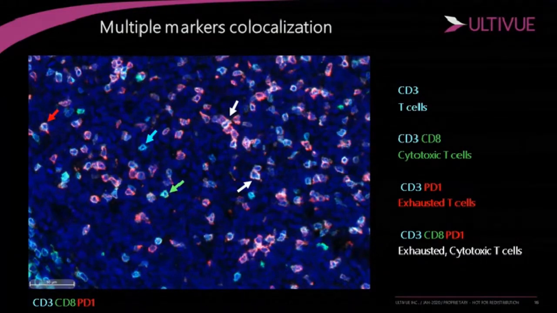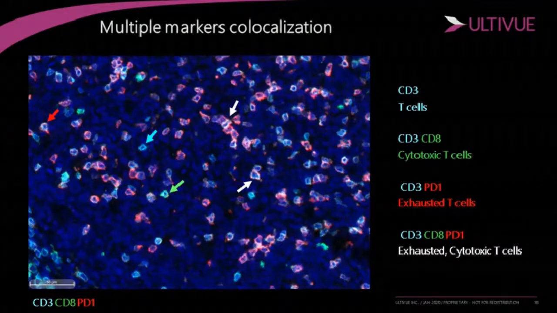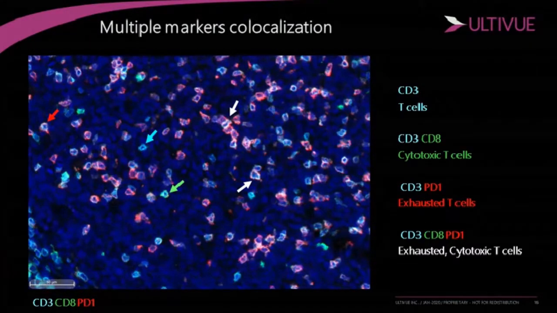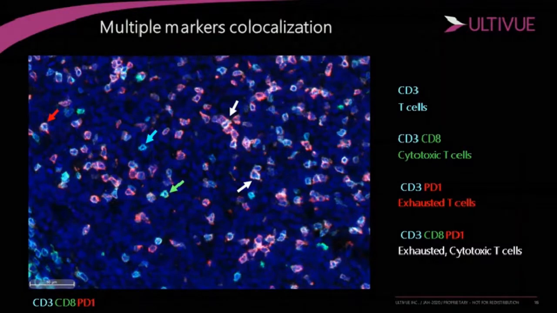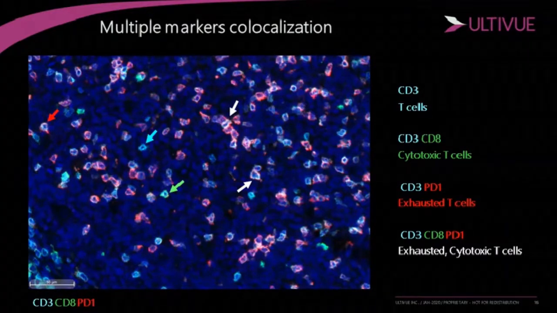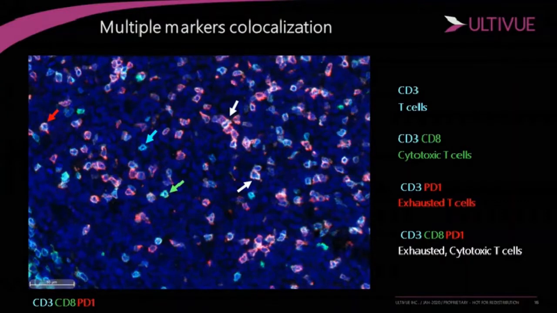So this is an example taken from an Immuno-8 stained tissue image, where you can see in white cells that express CD3, CD8, and PD1, which are the exhausted cytotoxic T cells. And it's not so common to be looking at 3 markers on the same subcellular compartment, together with a classical co-expression when you look at multiple markers on the same cell.